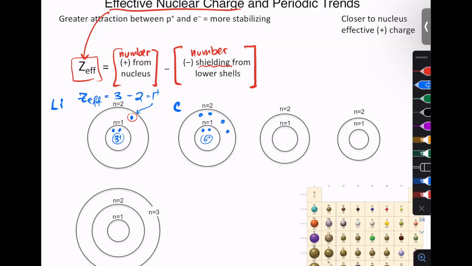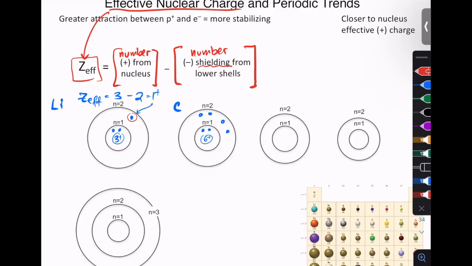Now let's describe what the effective nuclear charge is for any one of those valence electrons. How many valence electrons are there in carbon? It's only 4. There are 6 total electrons, but only 4 valence electrons. The effective nuclear charge I would calculate should be the same for any of those 4.